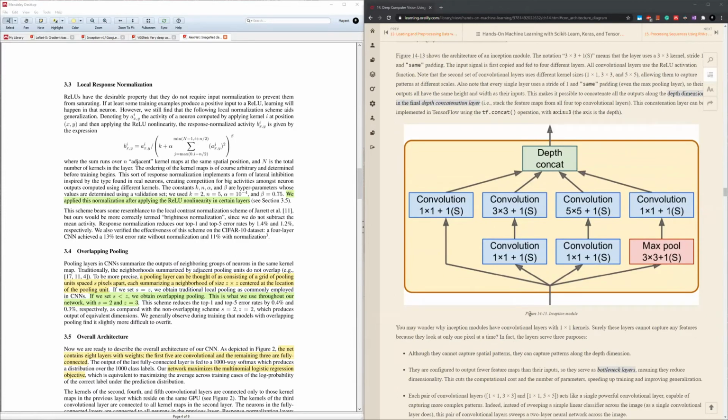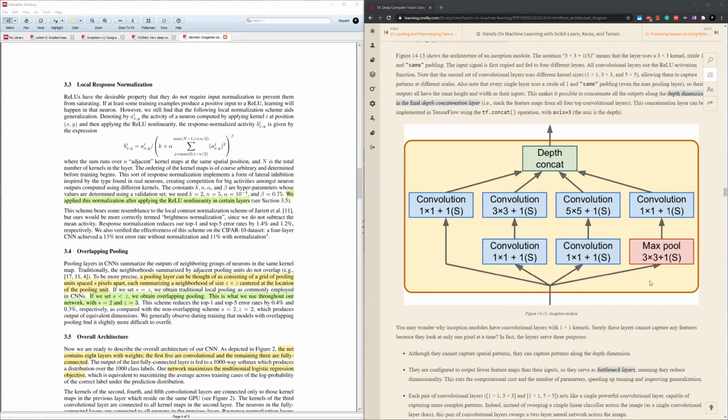Here in figure 14.13, this Inception module has been defined. Let's start from the bottom. Here they have two convolution layers of 1 cross 1 with stride 1, and then this is the max pool layer, which they have fed to the convolution here, 1 cross 1, this 5 cross 5, and this 3 cross 3, and then they have concatenated it.